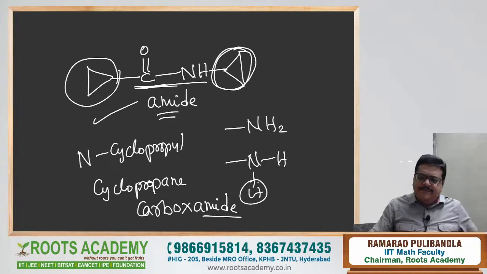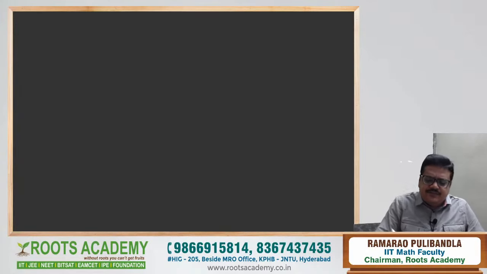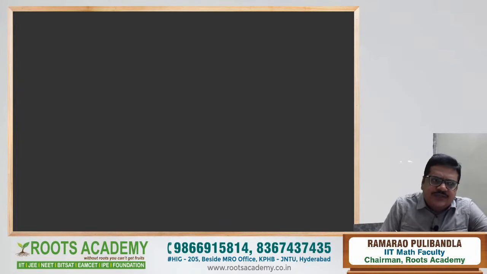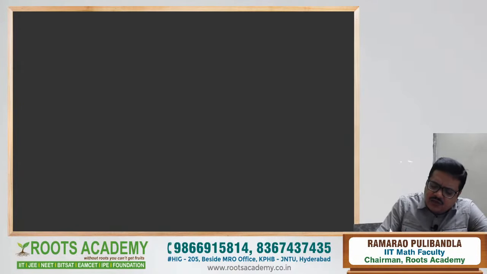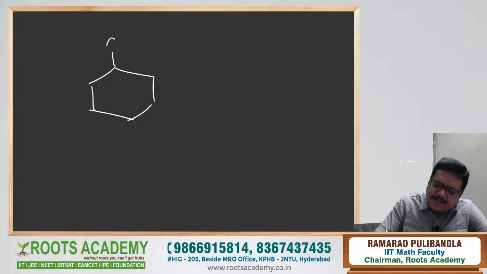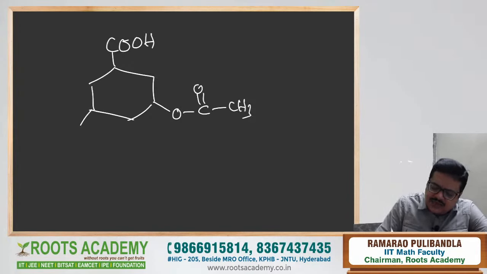Okay? Now listen, my dear students. Now I am talking about another kind of naming. For example, if the compound is given like this, COOH, this is O, C double bond O, CH3, and this side CH2, C double bond O, OH.